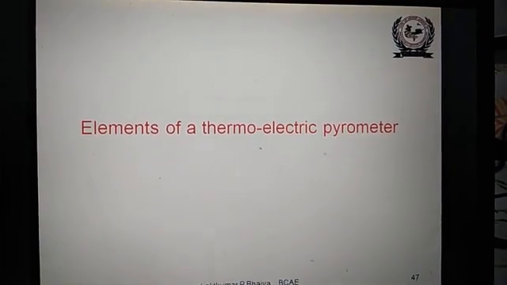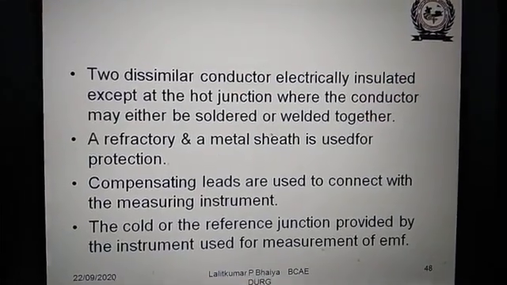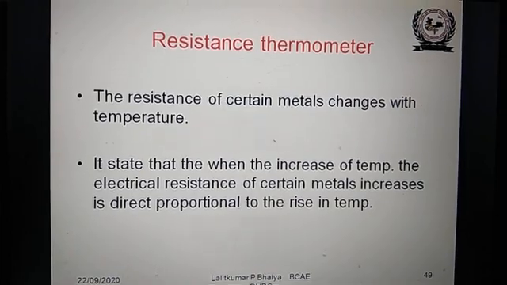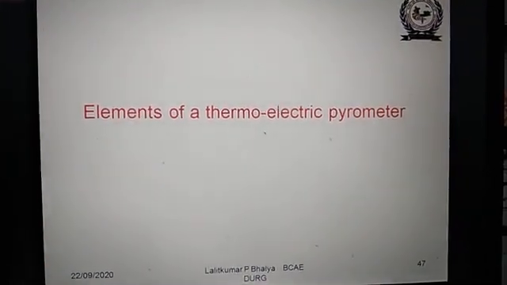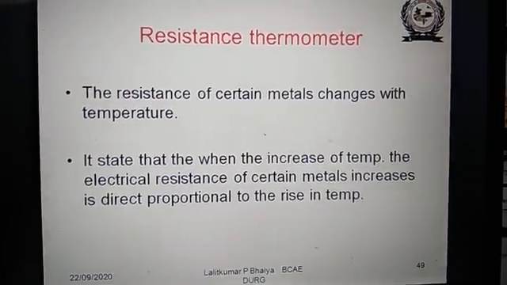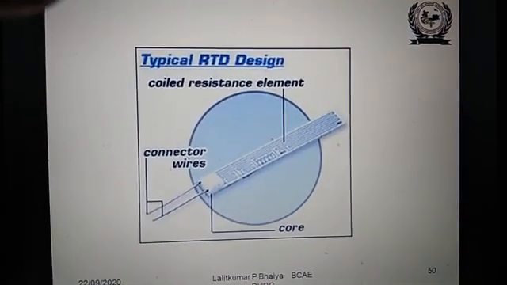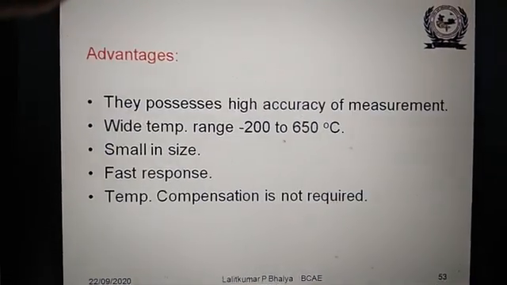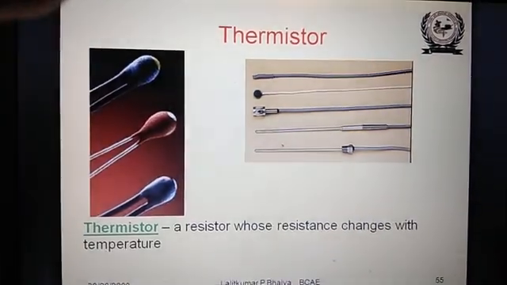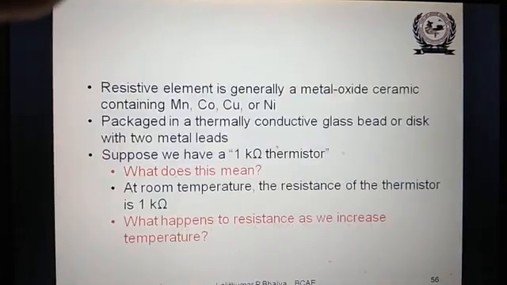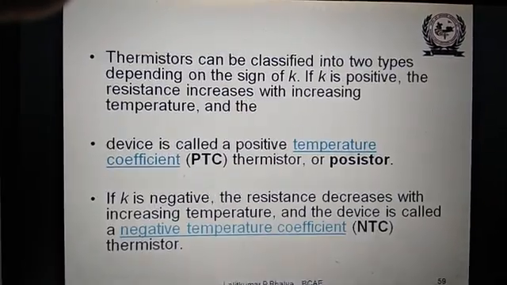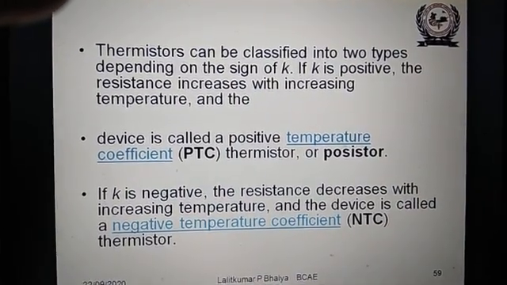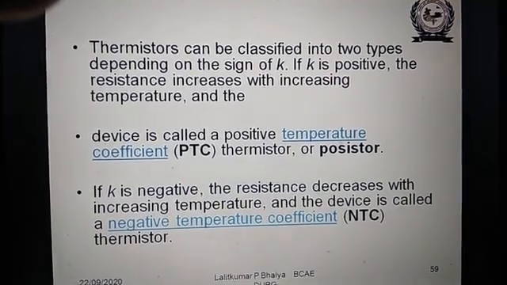You can go through the different types of thermocouples. In the next video, we will cover the thermoelectric pyrometer, the resistance thermometer called the RTD, and its advantages and disadvantages, and then thermistors. What is a thermistor? How does resistance change with respect to temperature?